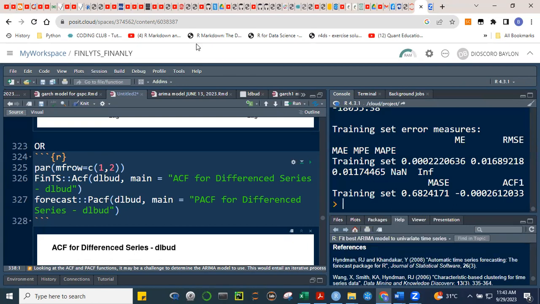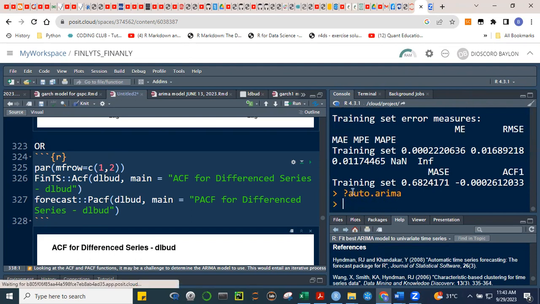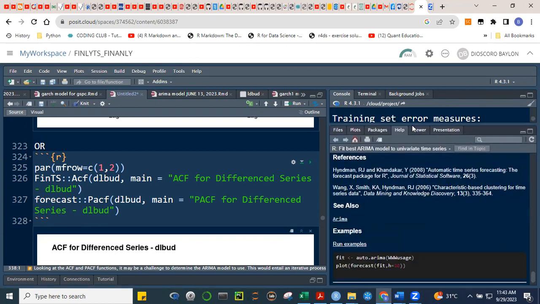Okay, we have here. Yeah, okay. Yes, thank you, Adi. Paano natin i-check, class? Diba mag-help tayo dito, diba? Help, auto.arima. Kasi makikita natin, class, we can see what package this is from. Okay, auto.arima.